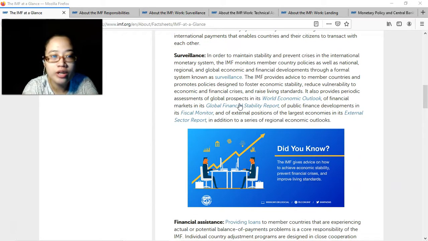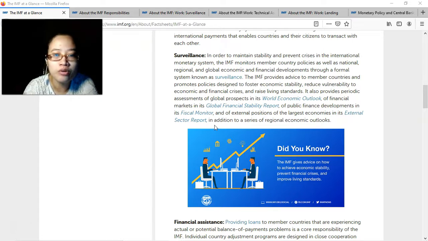It also provides periodic assessments of global prospects in its World Economic Outlook, of financial markets in its Global Financial Stability Report, of public finance developments in its Fiscal Monitor, and of external positions of the largest economies in its External Sector Report. So they do a lot of these reports, right? So they're essentially probably doing a lot of research on this. And of course, that would take a lot of resources.